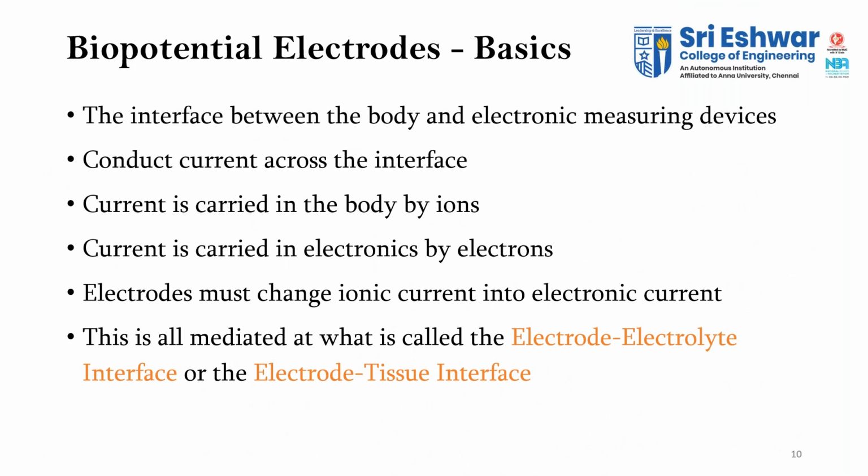And next is biopotential electrode basics. What is the fundamental thing about biopotential electrodes? It is the interface between the body and the electronic measuring device, because the signal is taken from the body through the electrode to the measuring device. Next, it must conduct current across the interface.